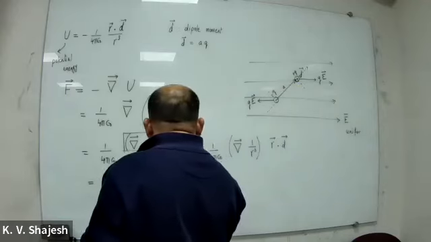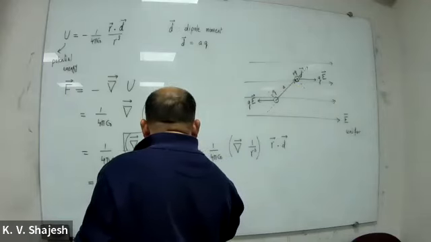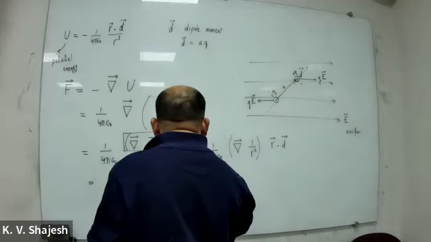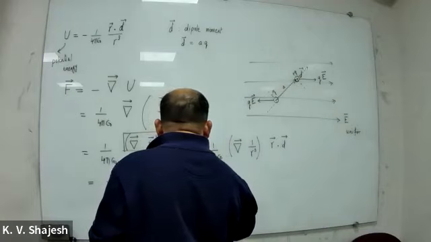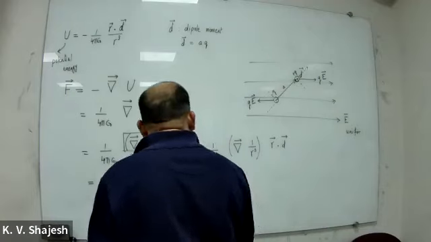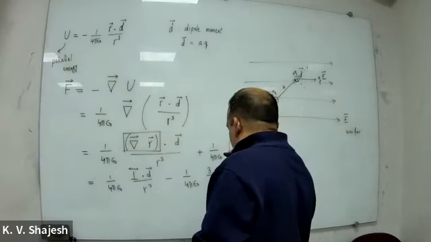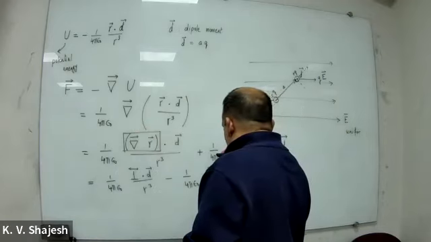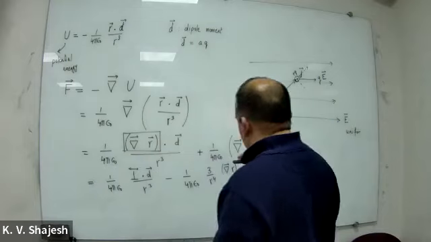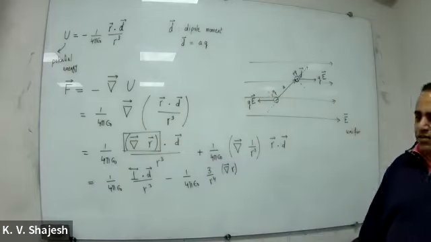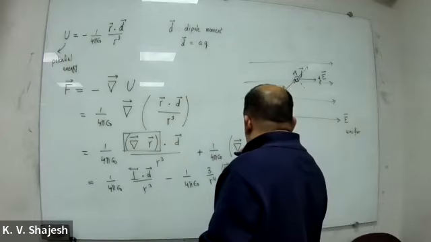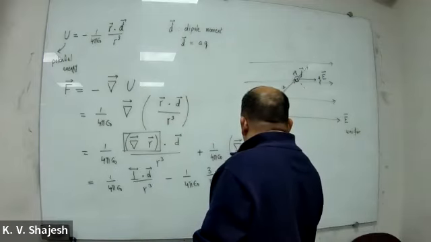That's 1 over 4 pi epsilon naught, minus 3 over R raised to 4. And then comes the gradient of R, that's R hat, basically. And then R dotted with D. That's clear.